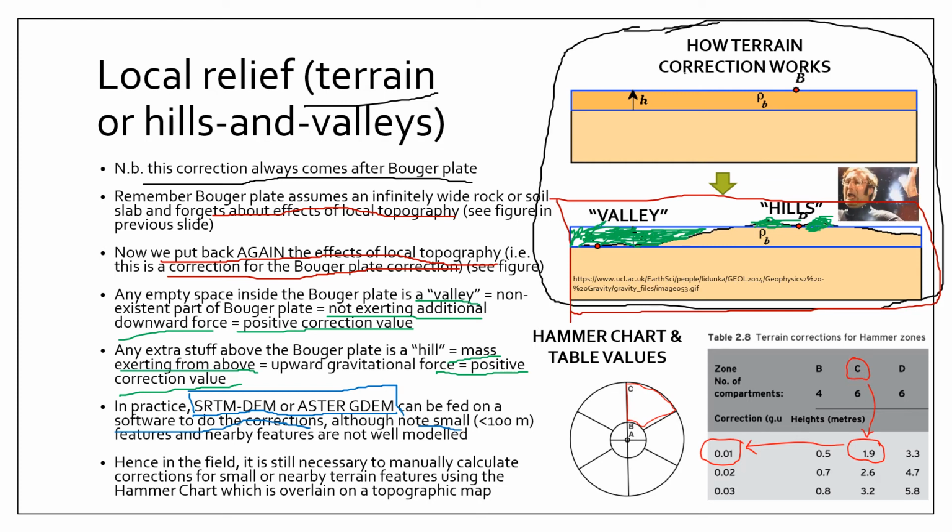For example, you have small valleys or small hills that are nearby your station. Although they might be small, the fact that they are close to your station means they can exert a significant amount of gravitational influence on your station. So that has to be noted in the field, and it has to be calculated. And the tool that we use to calculate the topographic correction is what we call the Hammer chart.